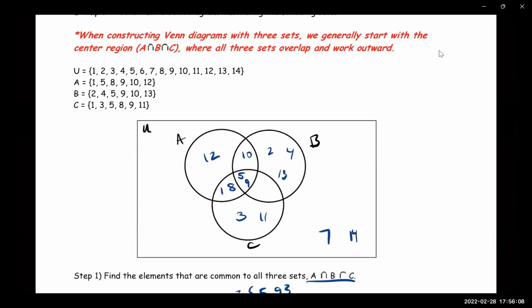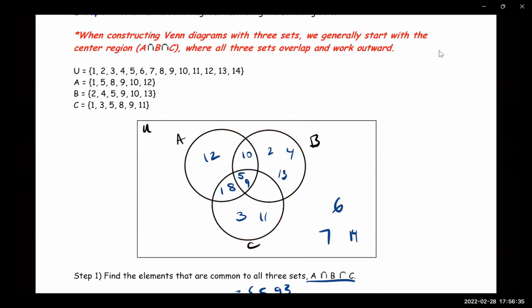We got 1, 2, 3, 4, 5. We're missing 6. We got 7 already. We got 8, 9, 10, 11, 12, 13, 14. So these are the only 3 numbers that are not in here, right? Yes, that's good.